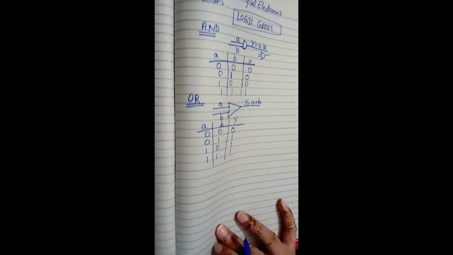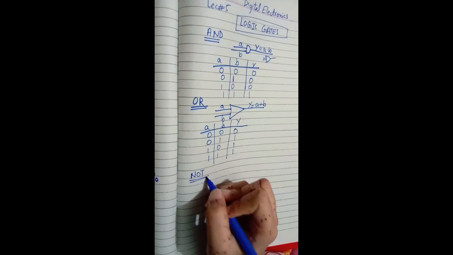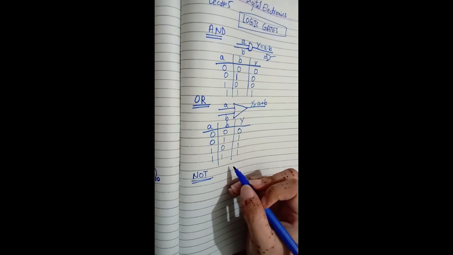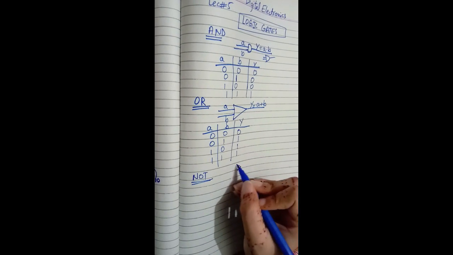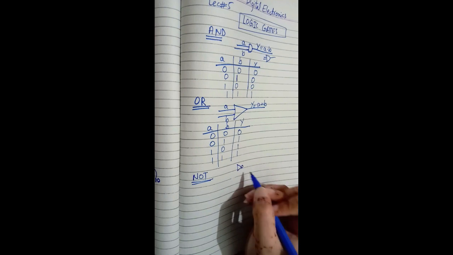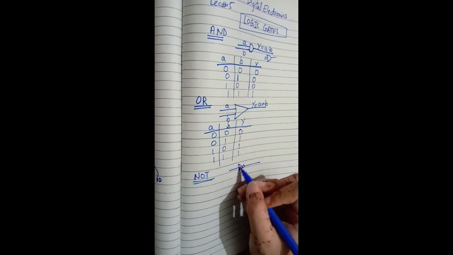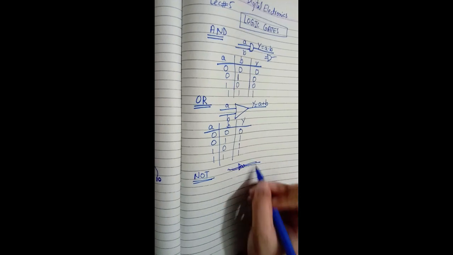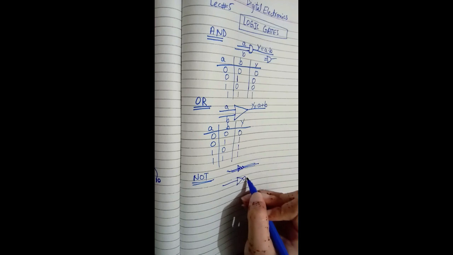Okay, the next gate is NOT, which is basically the conversion. Its symbol is like a simple triangle. Sorry, it will not go inside. Okay, I will draw it again. Okay, like this.